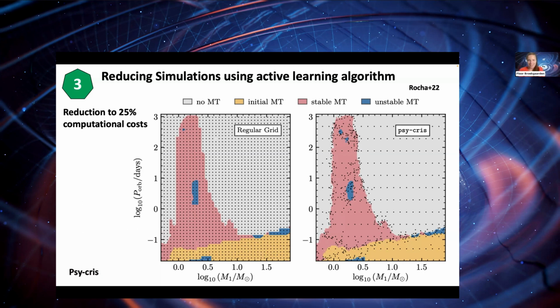But to get there, you need a large enough statistical sample that explores enough of the current known uncertainties to say that no matter how we twiddled all these knobs, we still didn't find that any of them formed through a common envelope. So we can leave the common envelope off the table and don't have to focus our time there.